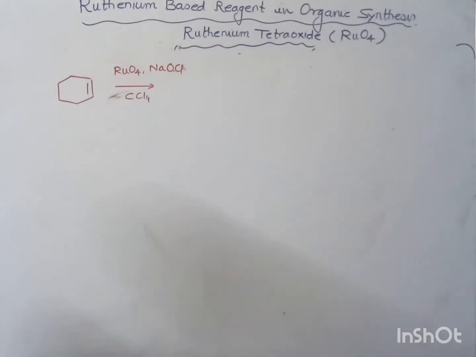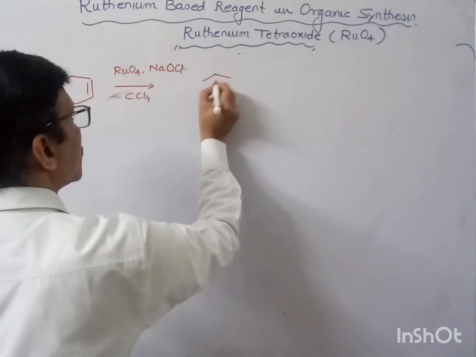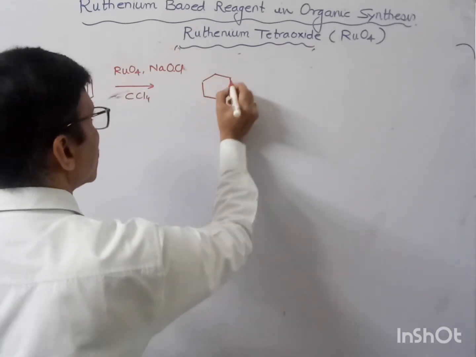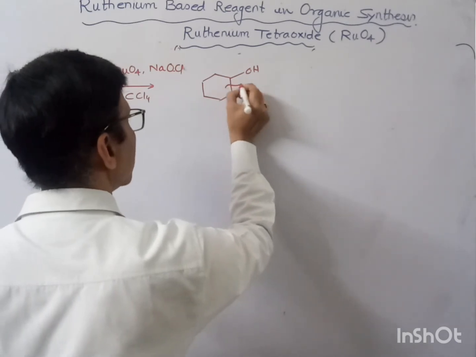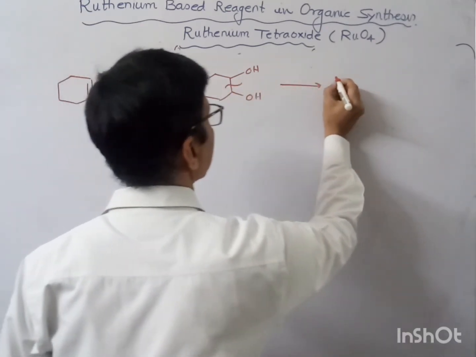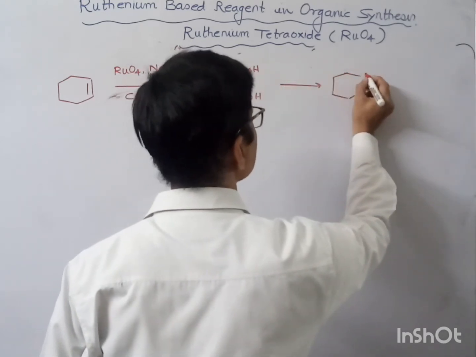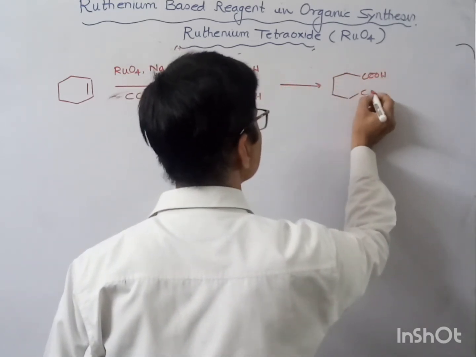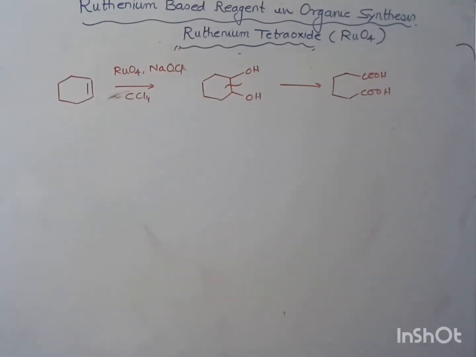Then what will be the product? Again, first of all, that will be converted into this diol. Break this bond, and again it will get oxidized into this COOH and CHO. This would be the product in this case. Okay, so these are certain reactions.